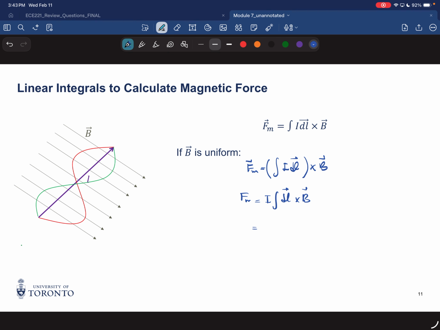So Fm is going to be IL cross B. So you're not integrating, you're just going to apply the lengths and the directions. For example, here, if this is x, y, z, IDL or IL cross B, what is the direction?